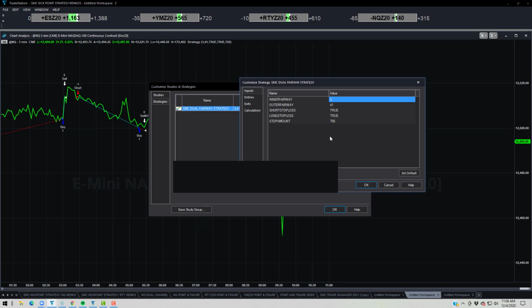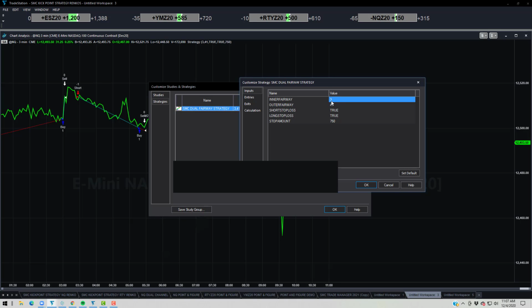Basically the way it works is it looks at the iterations over the last 2 months. The conditions in which the fairway may have been, the inner one was set at 10, and maybe this one was at 32. So it looks at the iterations and it tells you this is the best iteration.